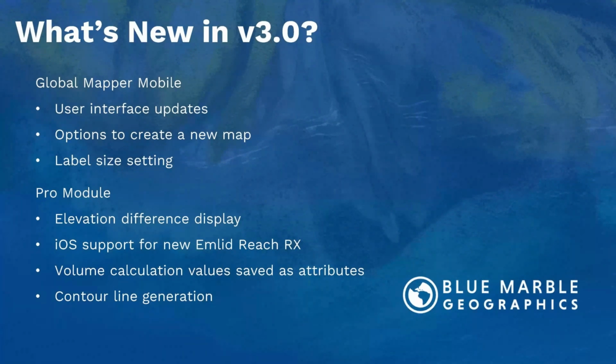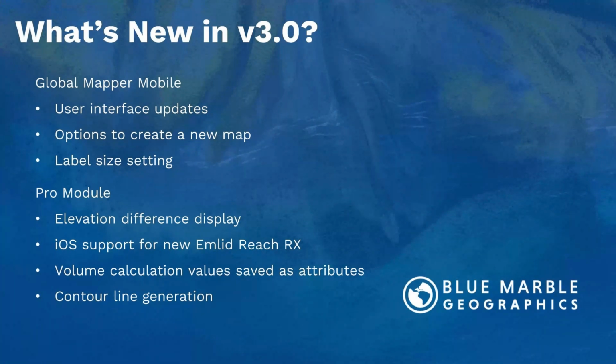Something that I'm definitely excited about is the ability to create a new map, essentially a new blank map or a new one from a streamed data source, as well as the ability to adjust label text size so that it better fits the size of your display in your device. And then I'm going to talk a little bit about those updates. Jeff is going to walk through some of the pro updates.